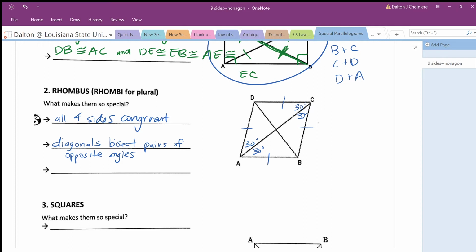Let me tell you the third fact. There's something else about the diagonals. The diagonals are perpendicular. What does that mean? Intersect? How? Give me a number.